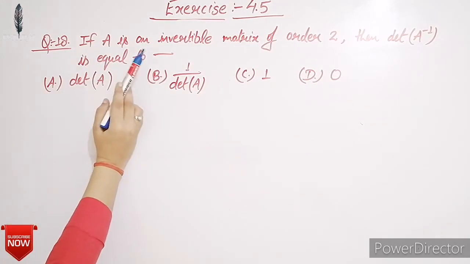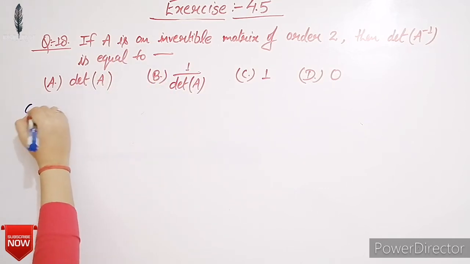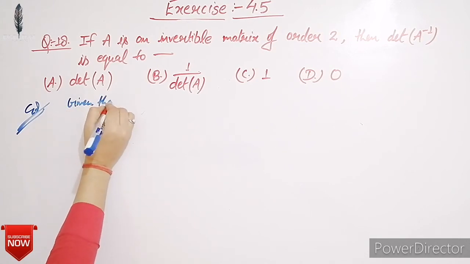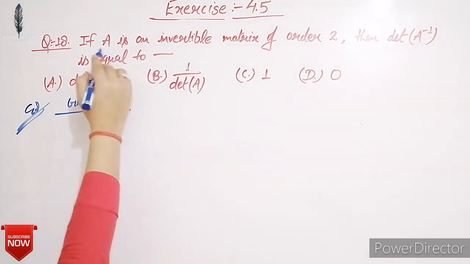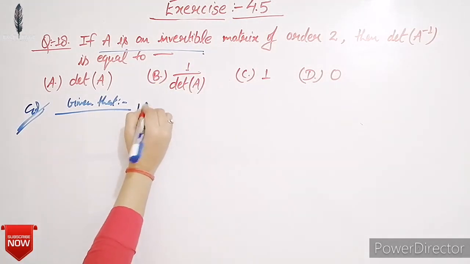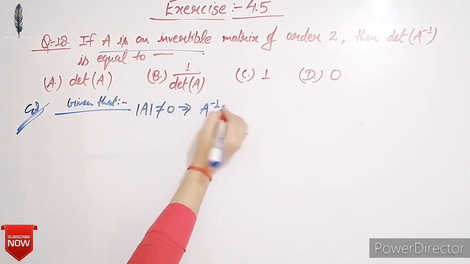Okay. Now let's see the next question. Question number 18. If A is an invertible matrix of order 2, then determinant of A inverse is equal to. We are given that A is invertible. Clearly, determinant of A is not equal to 0, so A inverse exists.